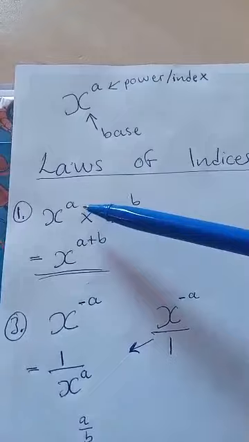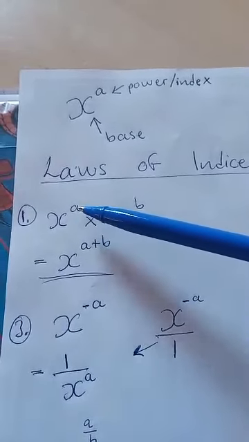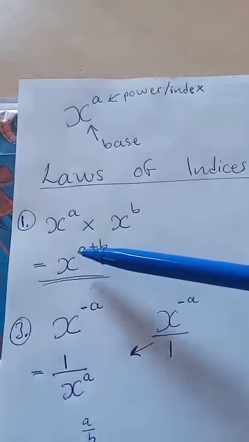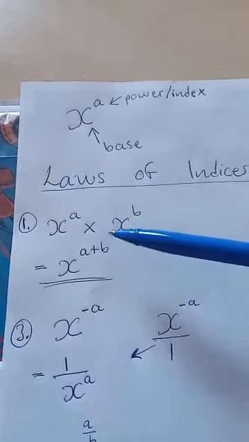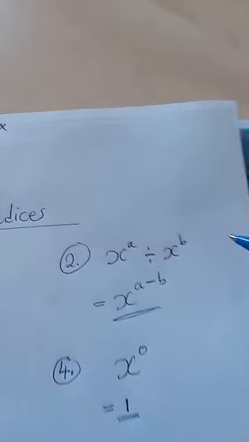So x to the power A times x to the power B gives us x to the power A plus B. That is the way we should work it out.